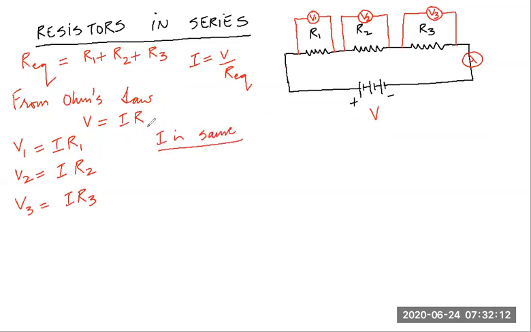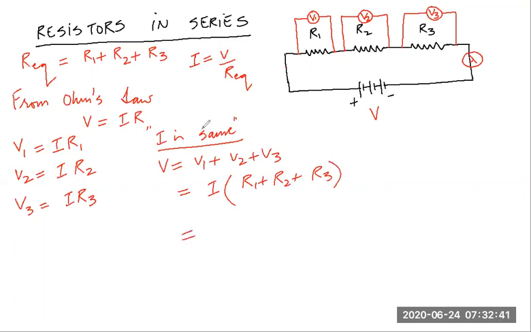Now, what is the total voltage of the system? The total voltage is V. Now V is equal to V1 plus V2 plus V3. And V1 plus V2 plus V3 we already know. I is common, that is I times R1 plus R2 plus R3.